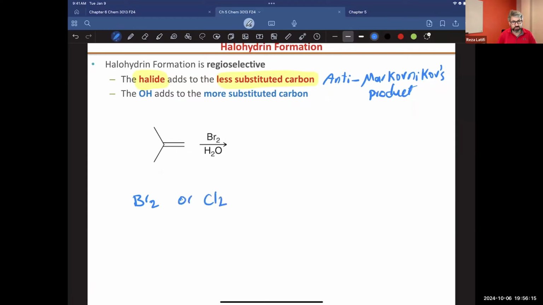Next step. We said for halogenation that our nucleophile will be bromide or chloride. This case is not going to be that. You will use water as the nucleophile, and water is going to attack either this carbon or that carbon.